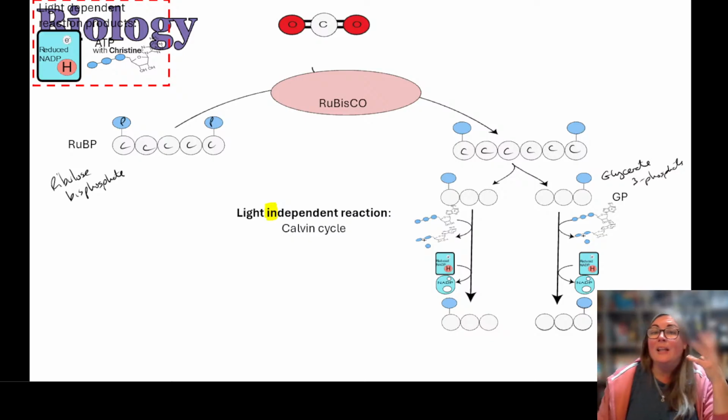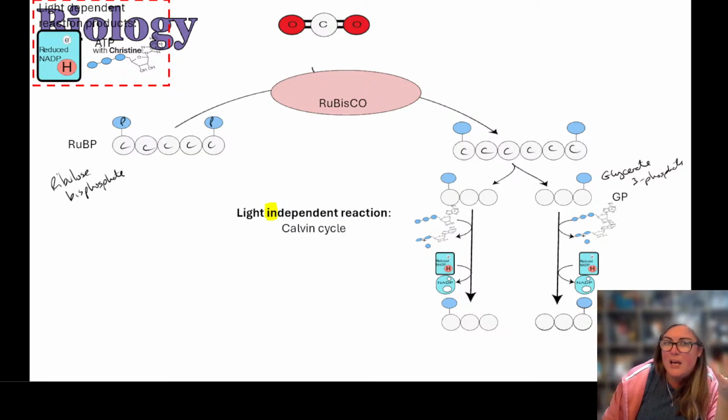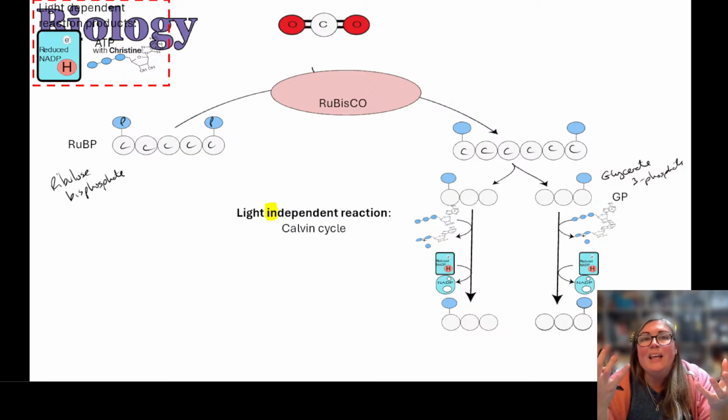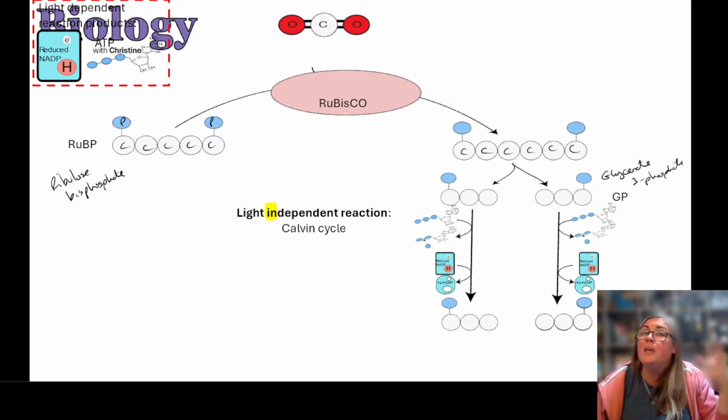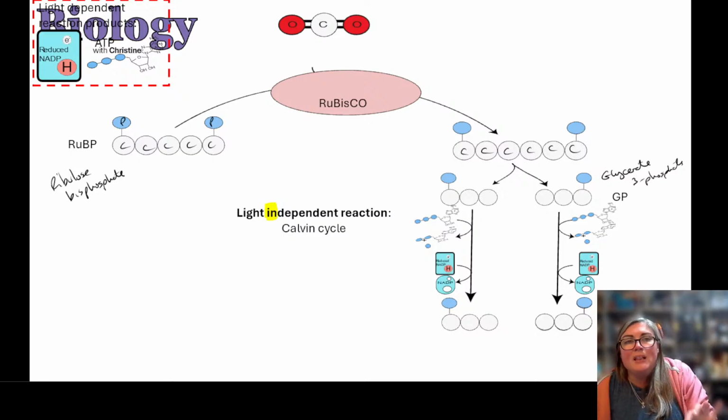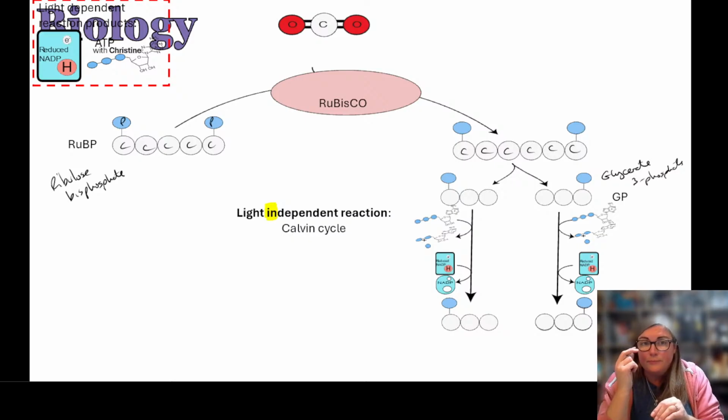So I need the light dependent reaction and the light independent reaction to be occurring, because photosynthesis is both of them together. So I require all these molecules. If I can't convert GP into TP because there's not enough products from the light dependent reaction, light was my limiting factor on the rate of photosynthesis.